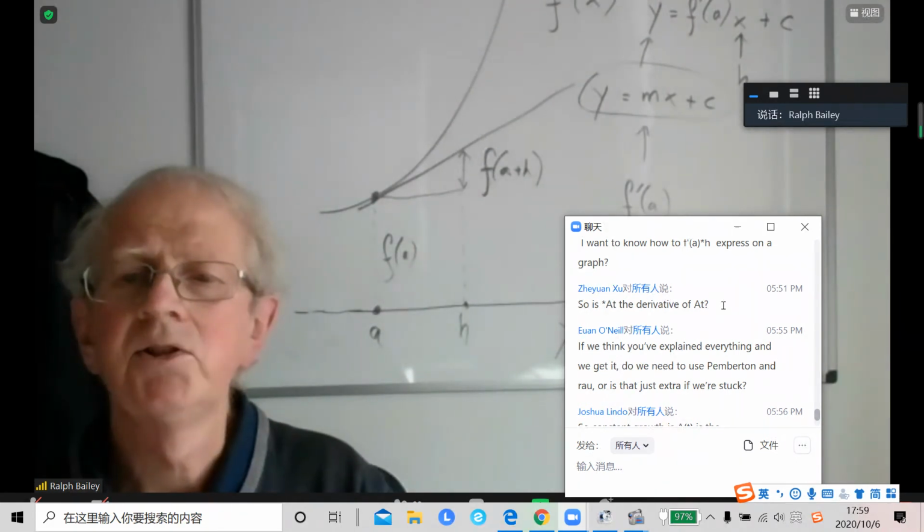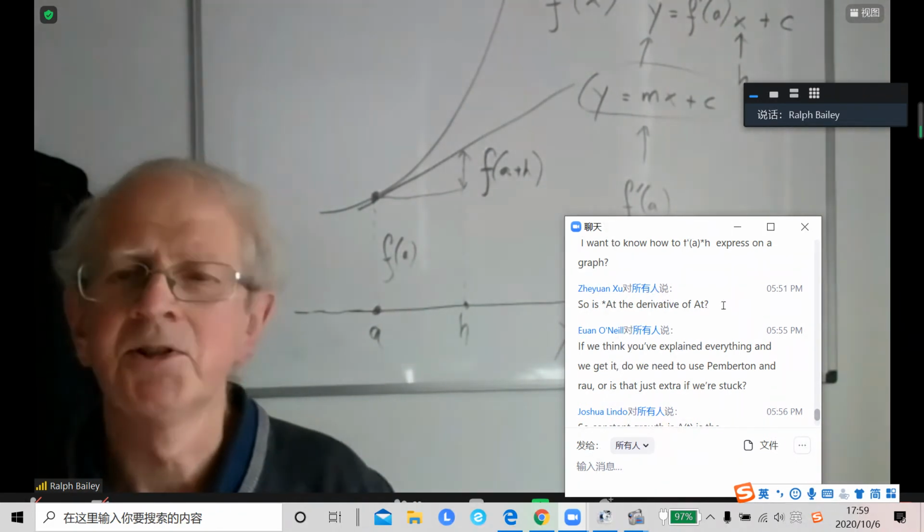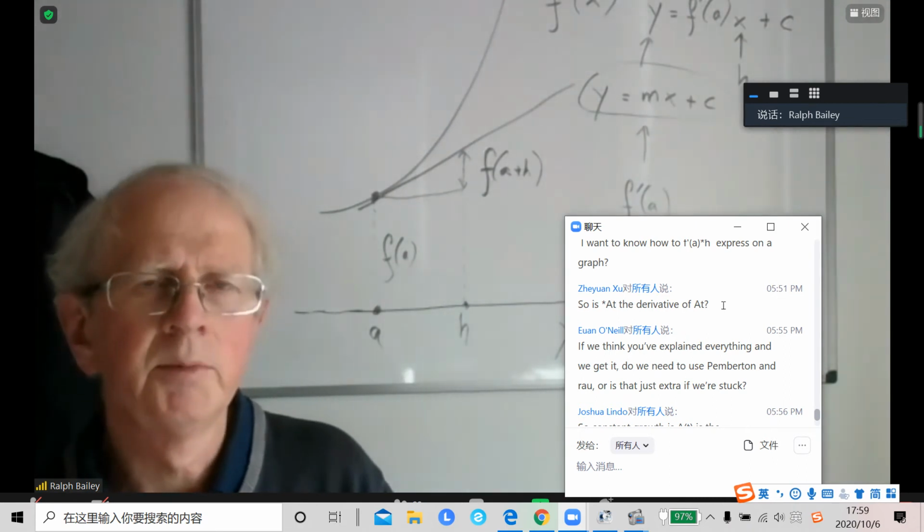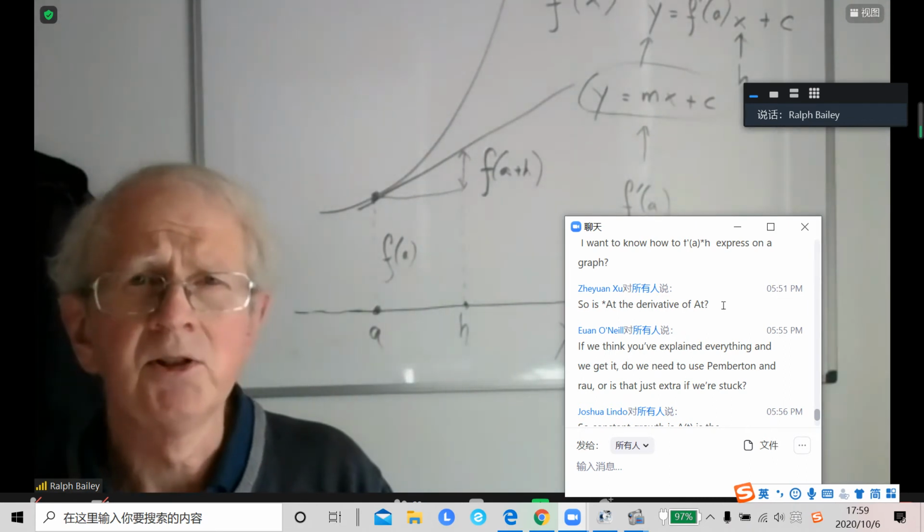Zhe Yuan, I guess you're asking about this dot. Is a with a dot on top the derivative of a with respect to t? Yes, it is.